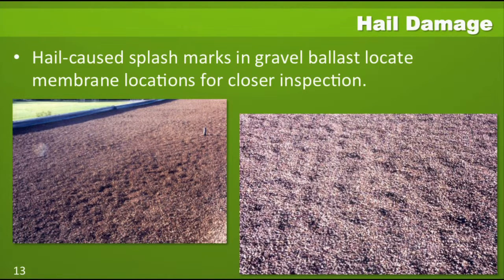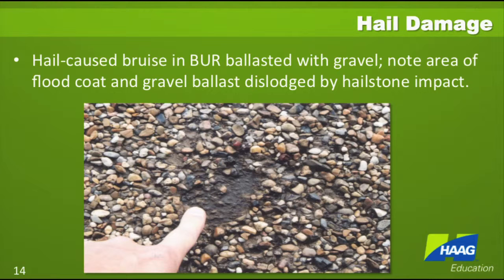And so as you find the bigger spots like that, that gives you the place to look further to get down to the roof surface to see if there was any actual damage. There may not be, but at least by seeing the evidence in the loose gravel, you know where the larger hail impacts have been.